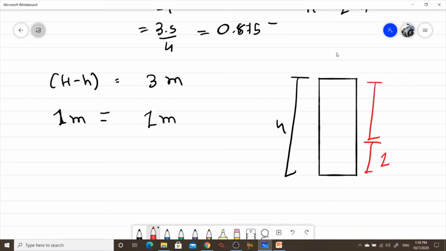The 3 meter is designed as a continuous frame, means a simple wall, but this 1 meter is designed as a cantilever portion.